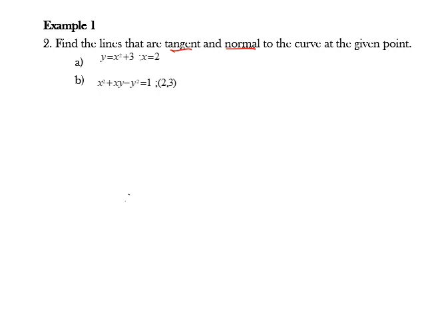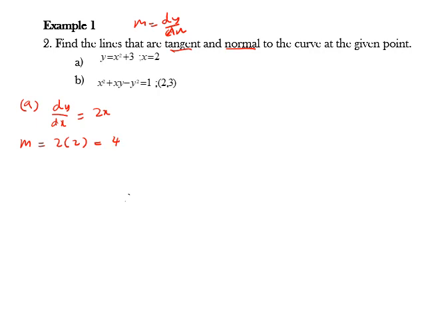Okay, so in order to get the tangent line and normal line, we need to find the slope, or the gradient, or the dy/dx first. So m equals dy/dx. For a, dy/dx equals 2x. So m at that point equals 2 times 2 equals 4.